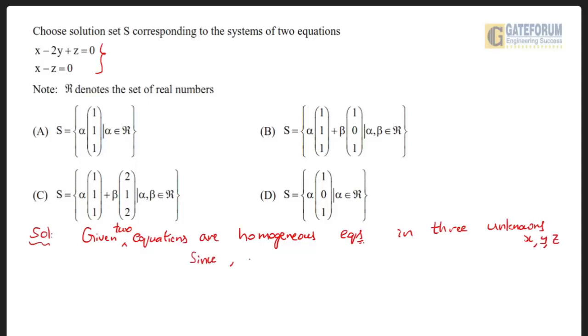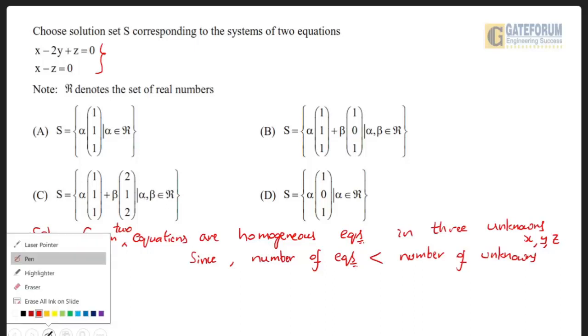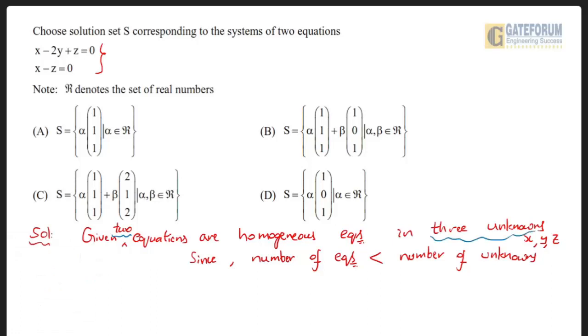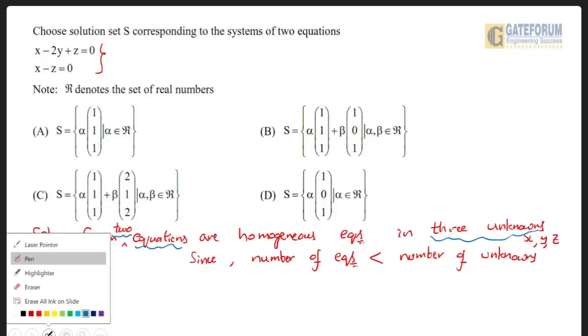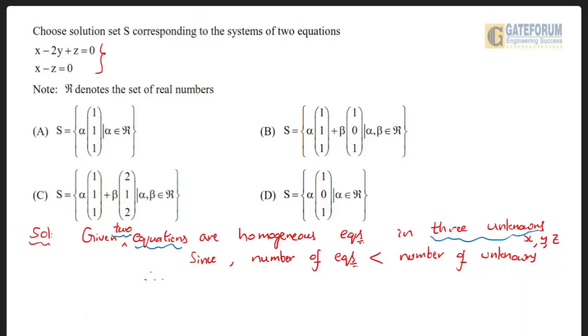Since the number of equations is less than the number of unknowns, two equations and three unknowns, therefore the system Ax equal to O has infinitely many non-trivial solutions, that is non-zero solutions.